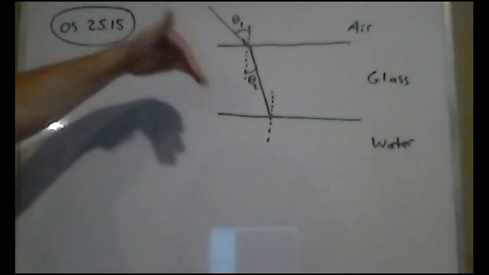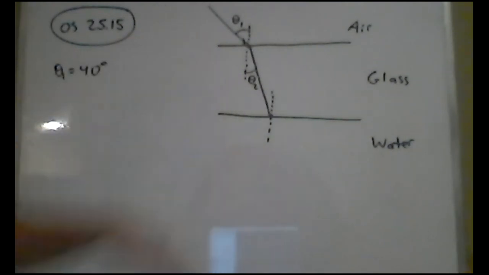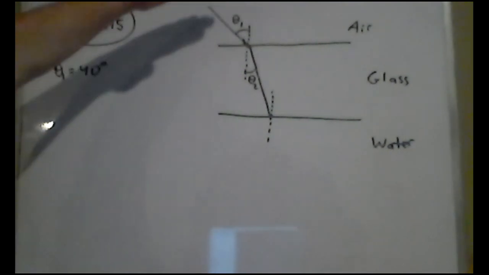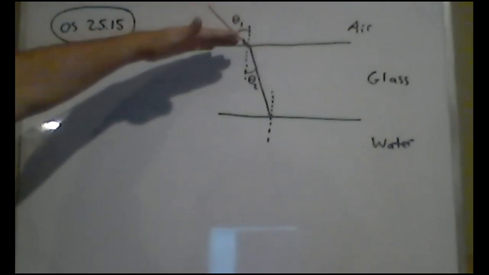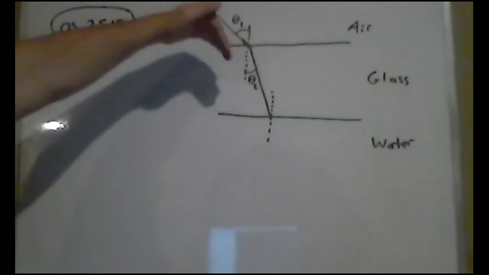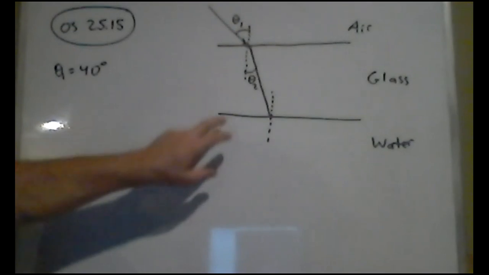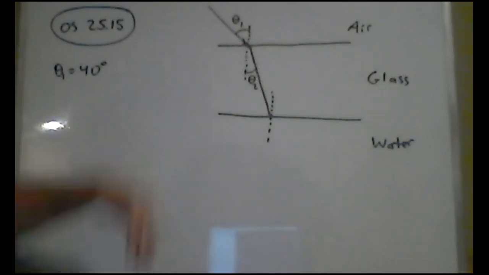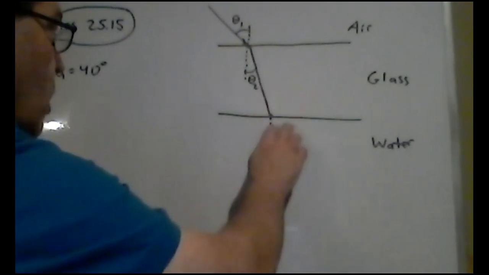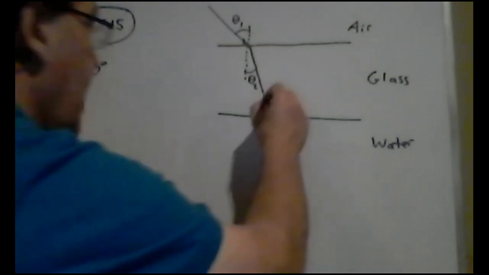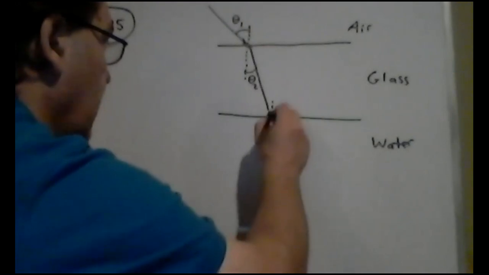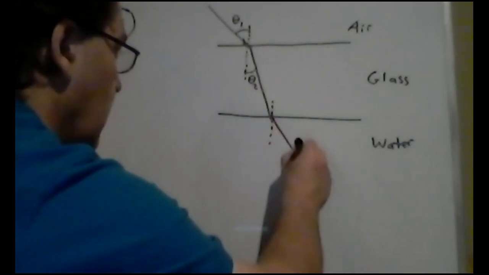Now, the glass has a higher index of refraction than water. So when you go from a medium of lower index of refraction to one of higher, the light will bend toward the normal. And when it goes from higher to a lower index of refraction, the light bends away from the normal. That's the way Snell's law works. It doesn't really matter here when you get to the water, because we're not really going to take that into account.